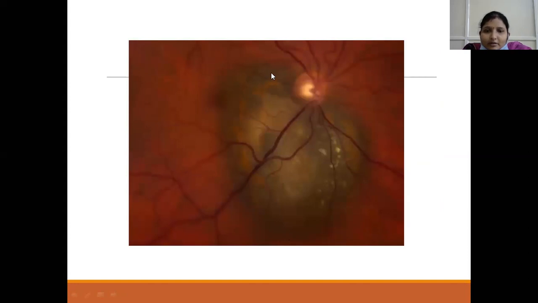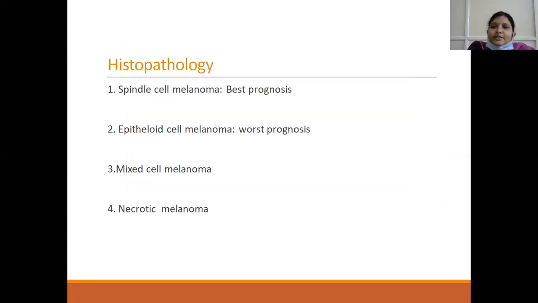This is a diffuse melanoma present near the optic disc. So this is slate gray in color and the most important sign is these orange pigments. This is due to presence of lipofuscin deposition in the tumor area.